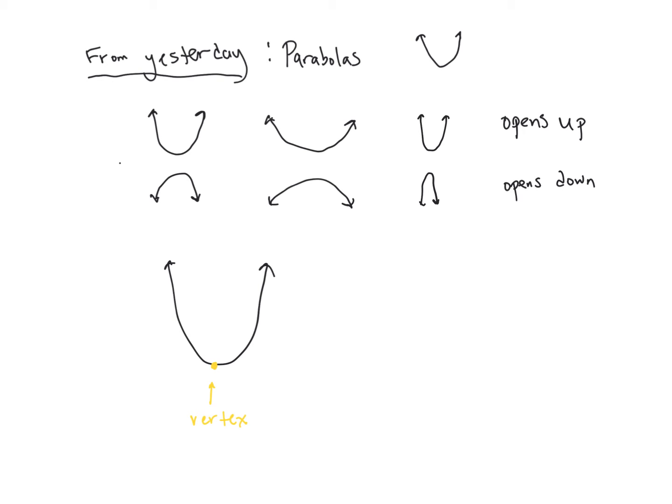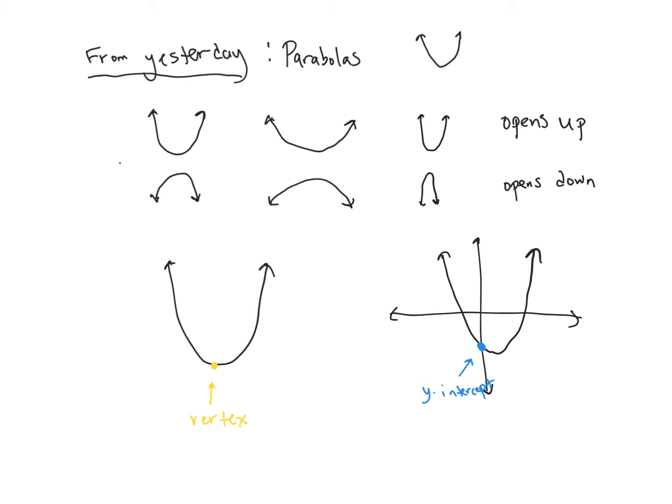And then the other thing we talked a little bit about, and I saw you guys describing it to each other, in part 2 of that activity, I think there's one screen where we talked about this. It came up a little bit less, but if you have a parabola like this, the y-intercept is where it crosses the y-axis, and there will be one of those, right? So that's the y-intercept.